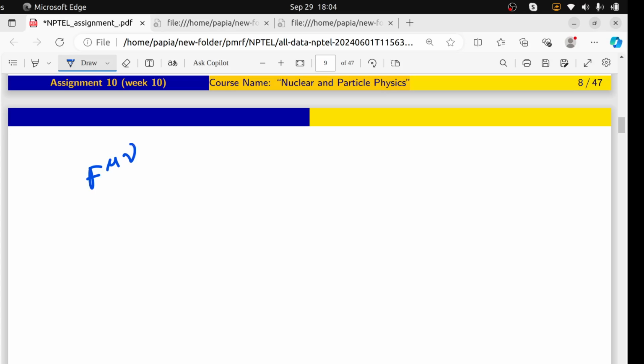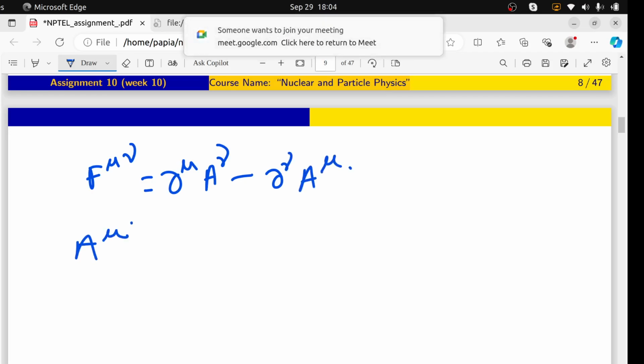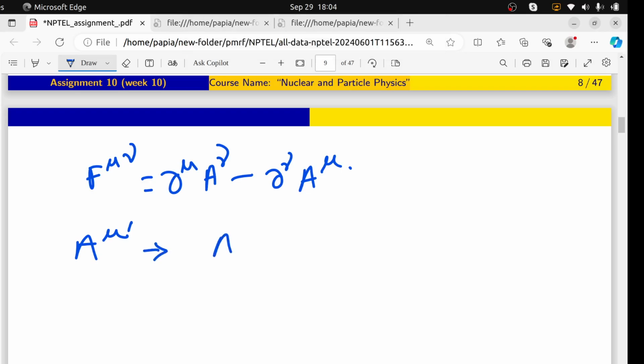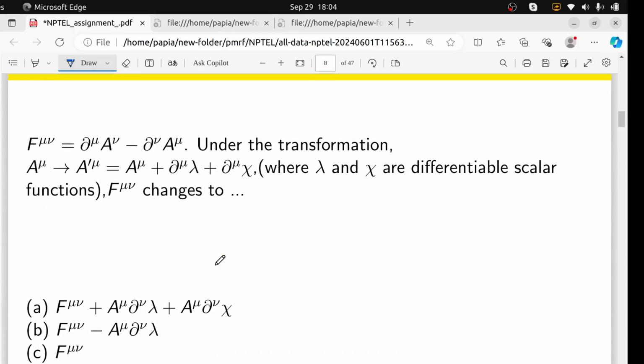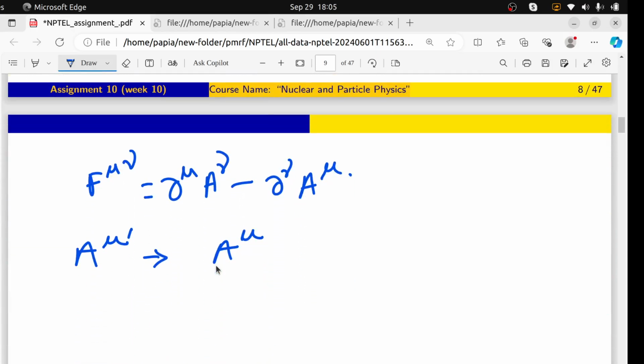F mu nu is del mu A nu minus del nu A mu. Now the transformation is A mu prime equals A mu plus del mu lambda plus del mu chi.